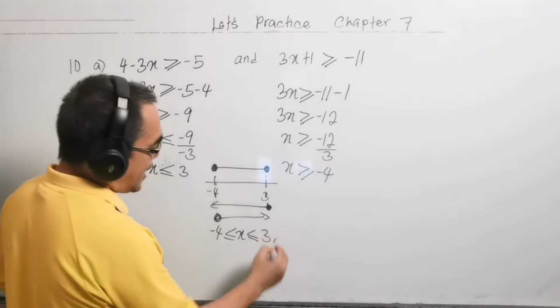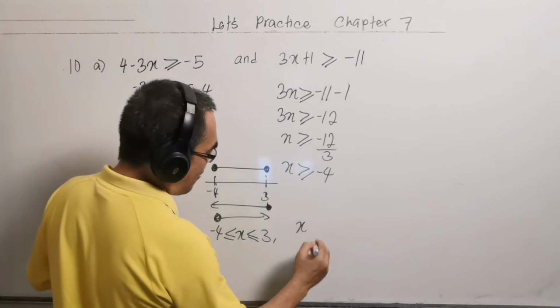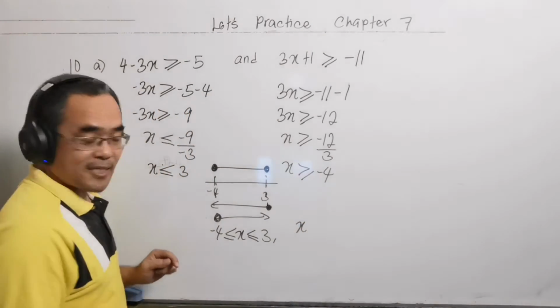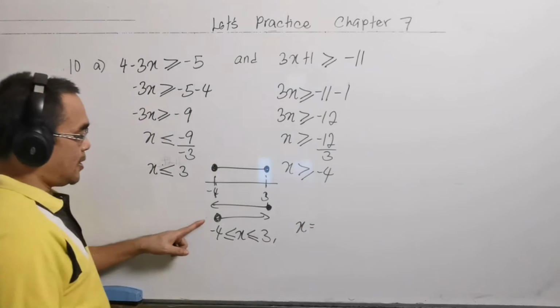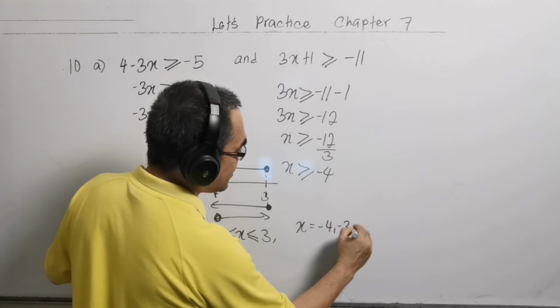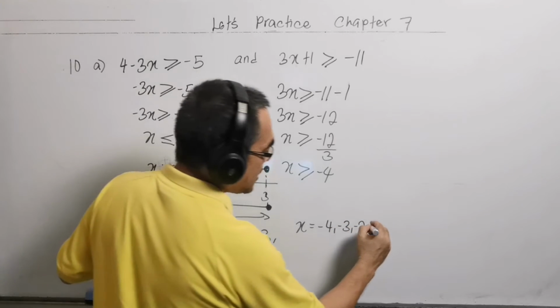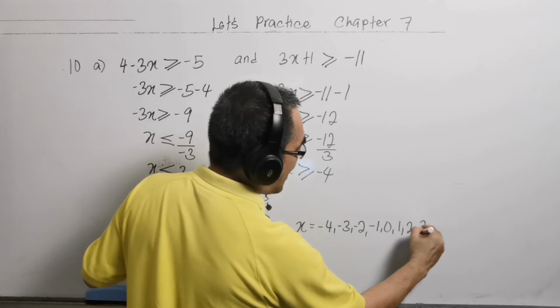So if there is option A, B, C, D, sometimes they will tell you to find the value of x if x is integer or are integers. So x are negative 4, negative 3, negative 2, negative 1, 0, 1, 2, and 3.